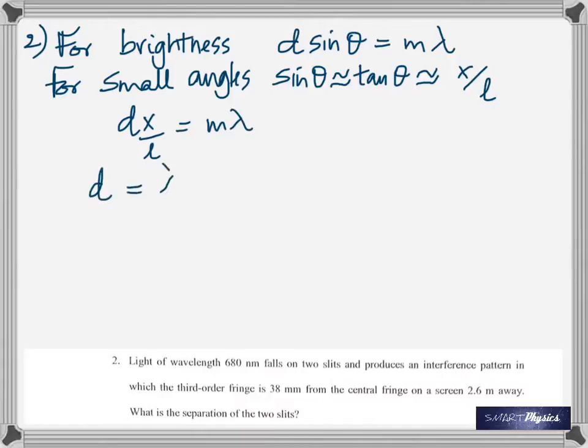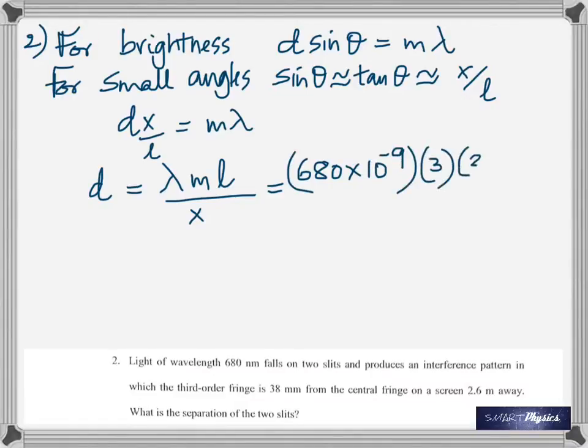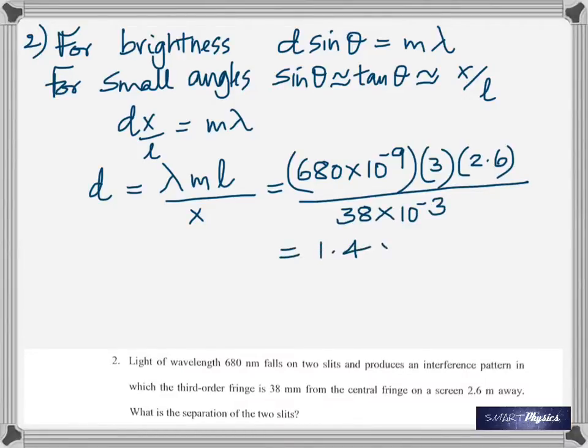So you have d is lambda m L by x, and lambda is in nanometers, which should be 680 times 10 to the negative 9. M is 3, L is 2.6, and x is 38 millimeter, which is 38 times 10 to the negative 3 meter. On a calculation, you get 1.4 times 10 to the negative 4 meter.